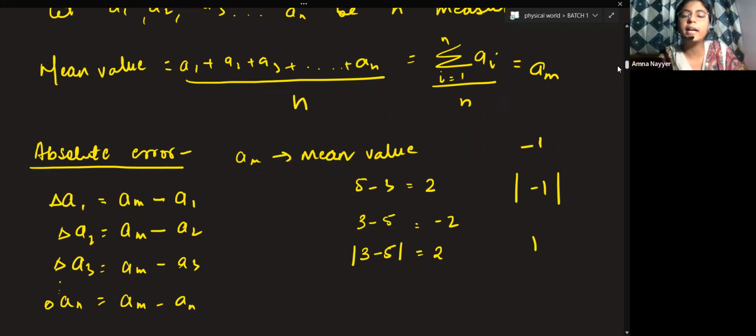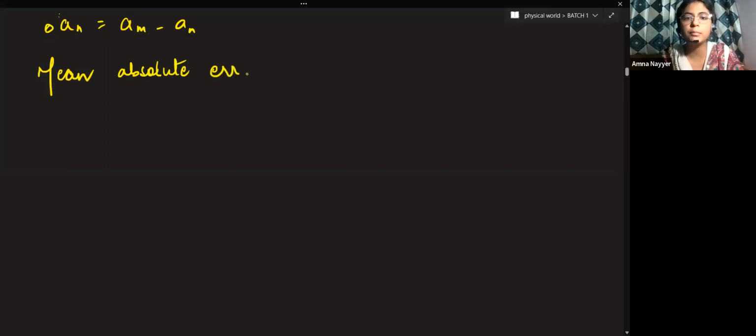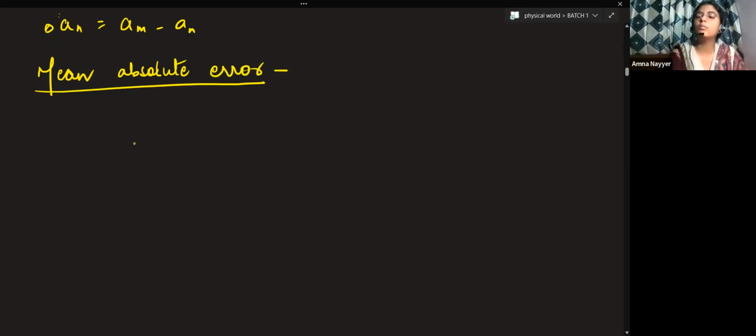Now, if you have to find the mean absolute error, delta A1, delta A2, all these are absolute errors. If you want to calculate the mean absolute error, similarly to the way you take the mean value of anything, just take the mean value of all the errors. Take delta A1, take mod of it. Don't forget to add this.